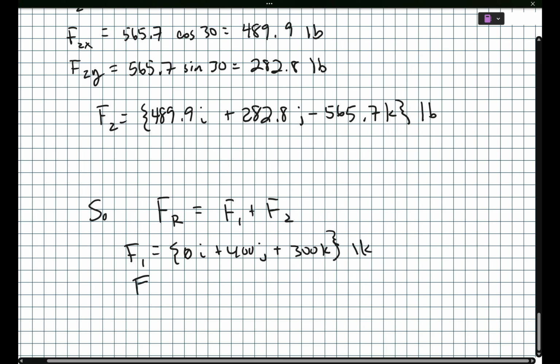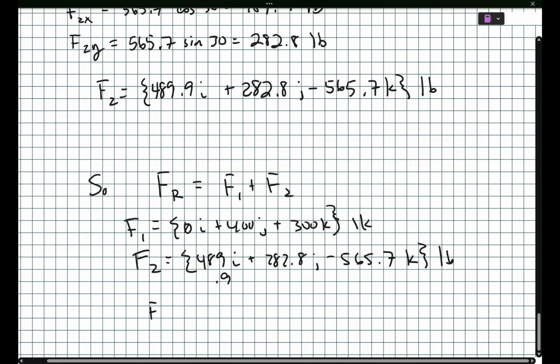And F sub 2 is the 489.9i plus 282.8j minus 565.7k pounds.